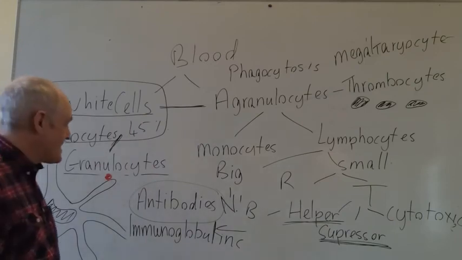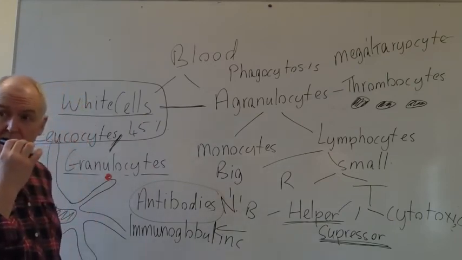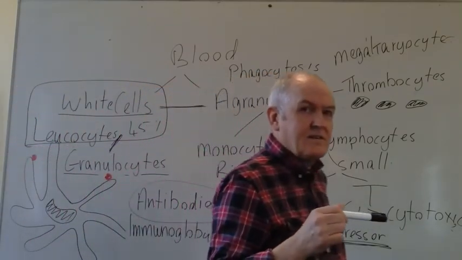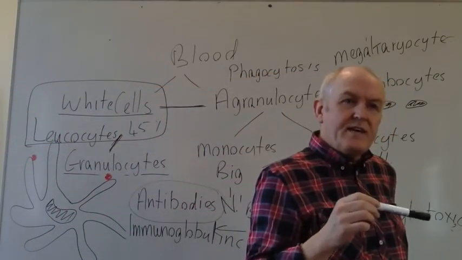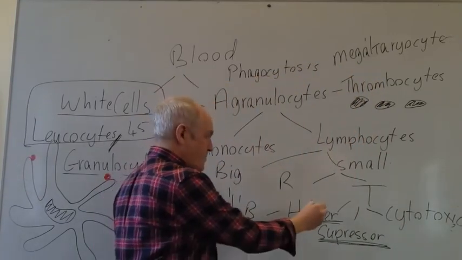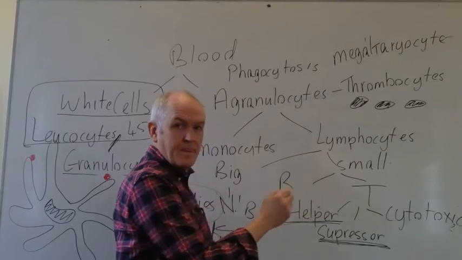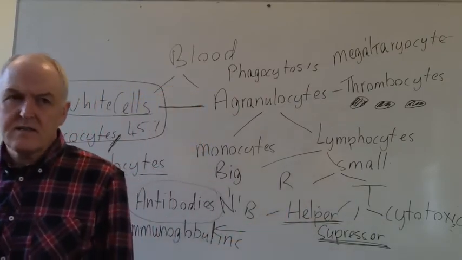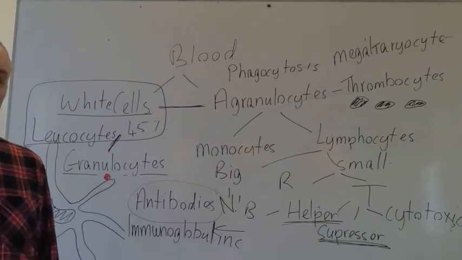And when someone has HIV infection, human immunodeficiency virus, the cell that the HIV virus actually infects is the T helper cell. So the T helper cell is the site of HIV infection.